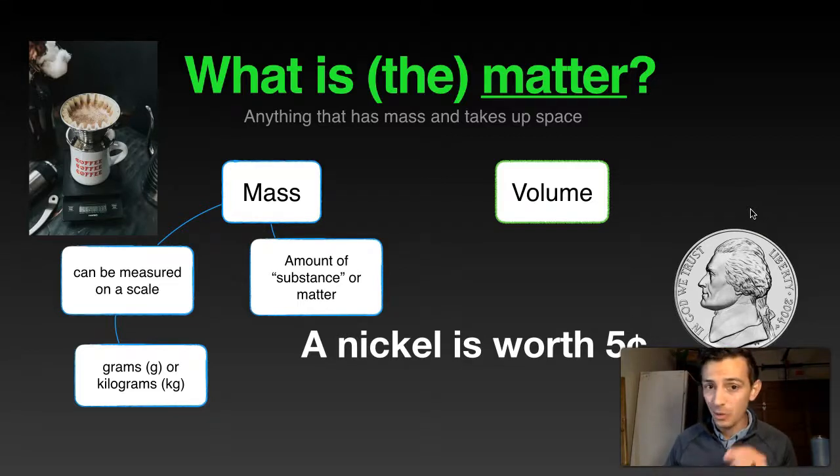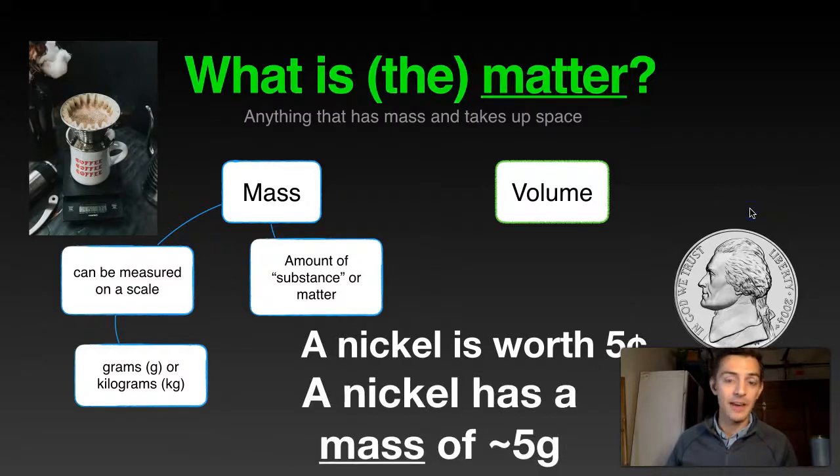It weighs almost exactly 5 grams. I've put this on my coffee scale because it weighs pretty accurately in grams, and it's exactly 5 grams. This is total coincidence, but it's a good way to remember it. If you can get a nickel and hold that and just feel the weight of it, it's about 5 grams.